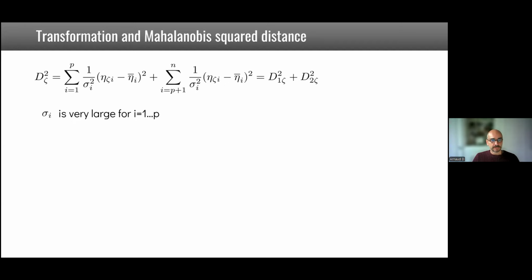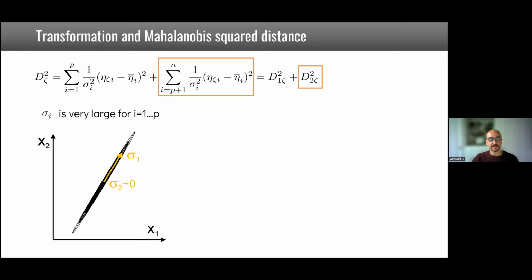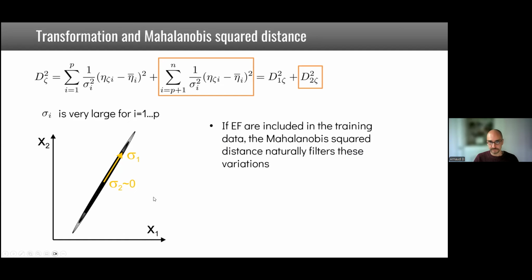So when this is the case, this is the kind of representation that you have. It means that most of the variability in my data is only along one direction in this example, and that there is almost no variability in this direction, okay?